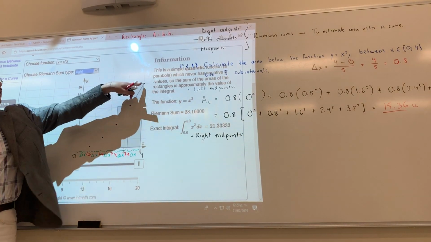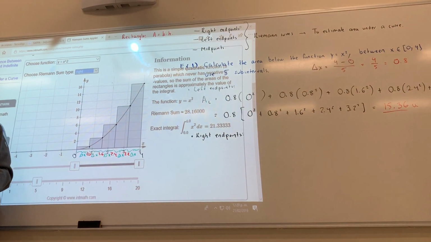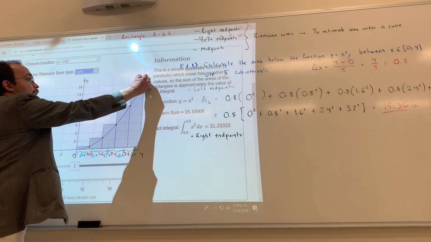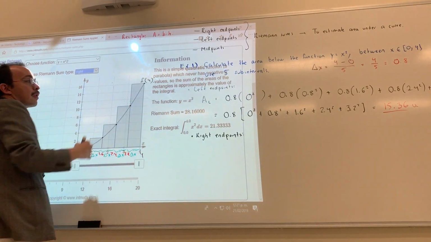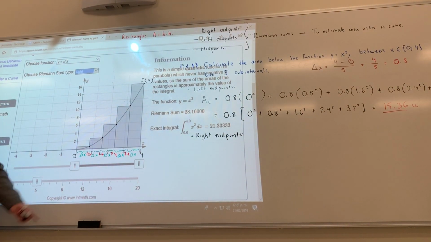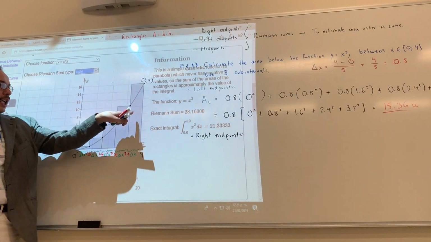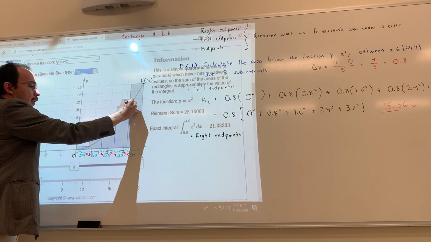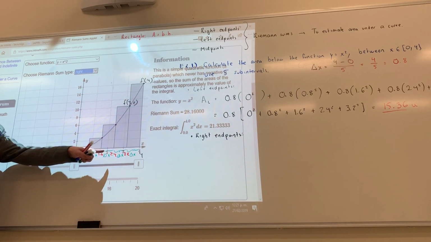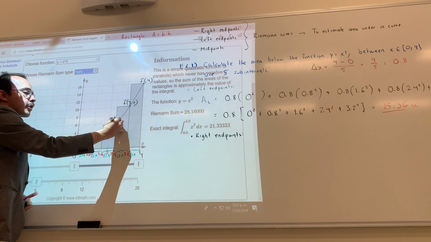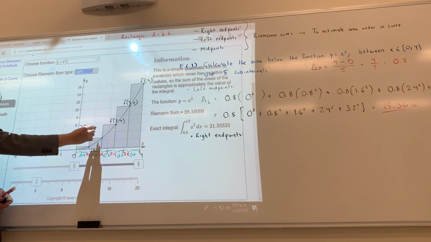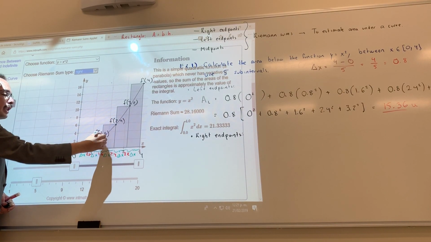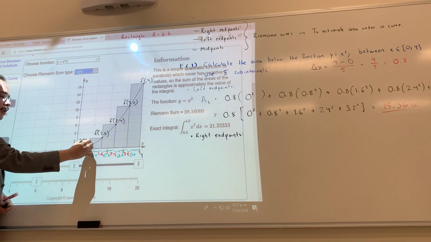How do I get, for example, this height? It would be f of what? f of 4, because f of 4 is this one. How do I get this one? f of 3.2. f of 2.4. f of 1.6. f of 0.8.